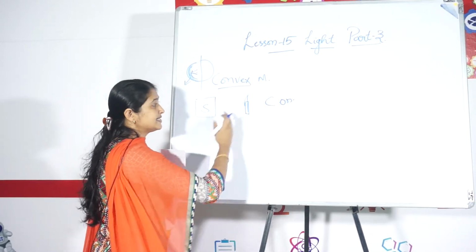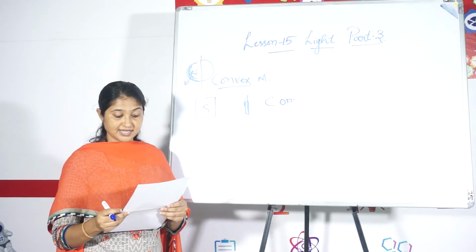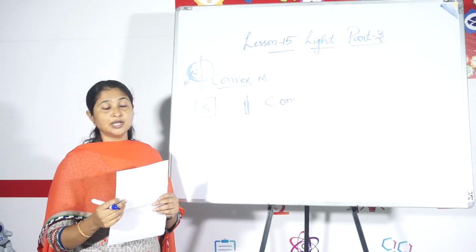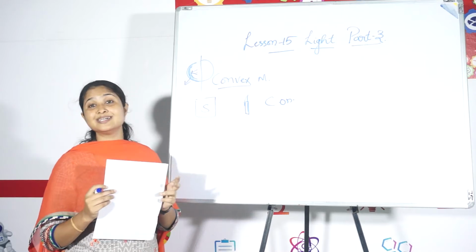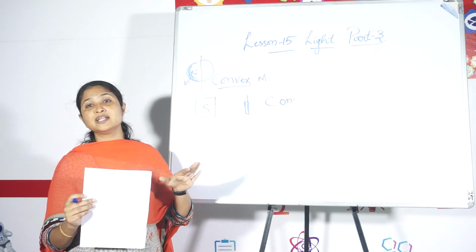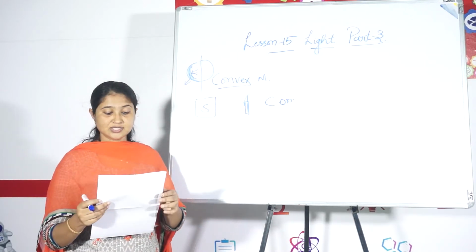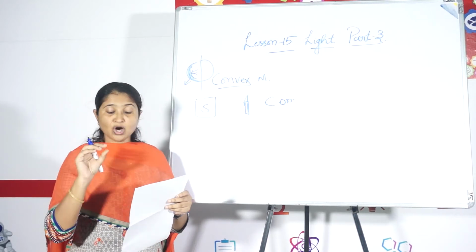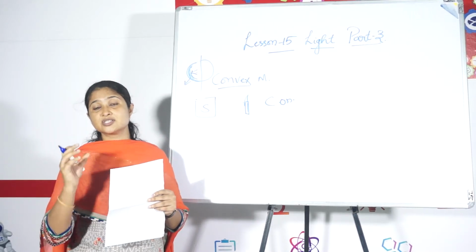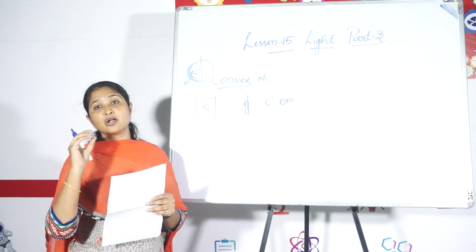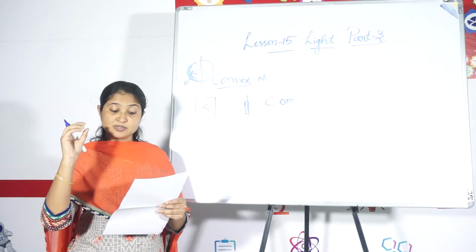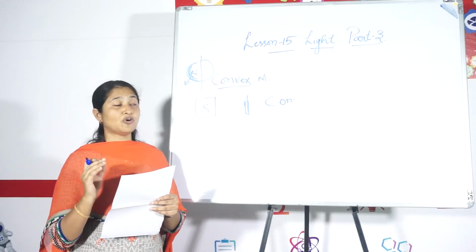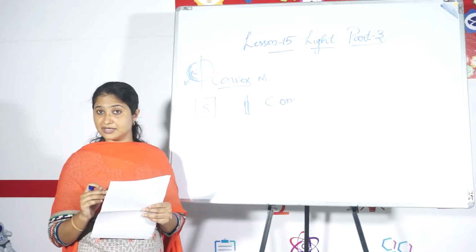When you adjust it, you can see that the image is always erect and virtual. You won't be able to bring the image on the screen. It is virtual and it is always smaller in size than the object. So the image formed by the convex mirror will always be smaller in size than the object.